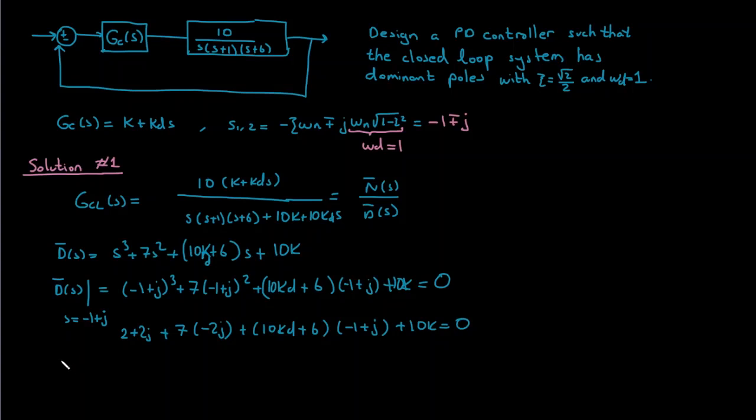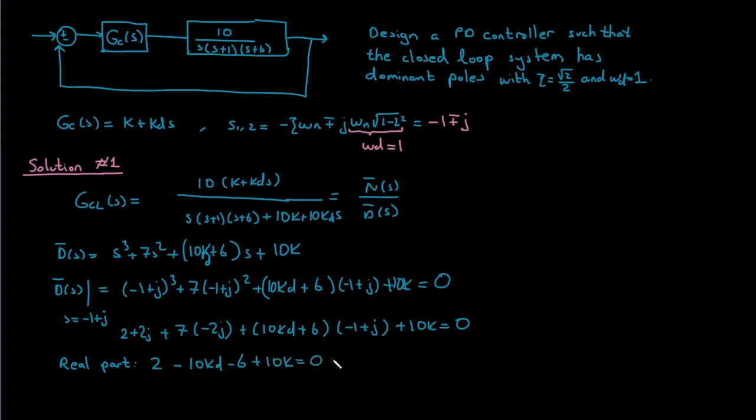So let's write down the real part and then the imaginary part and equate them to 0. So if we have a look at the real part, there's 2 here. What else? I will have minus 10kd minus 6 and plus 10k equals 0.